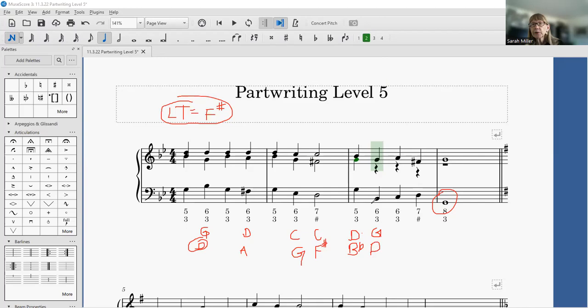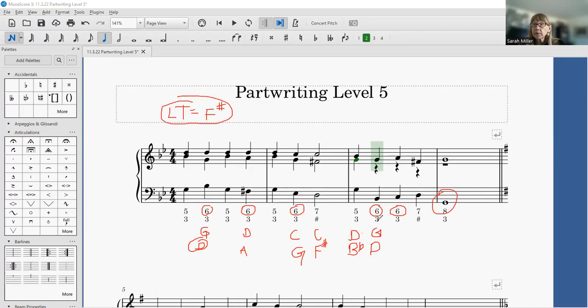Now remind your students that when it's in first inversion in this way, the root of the chord is the sixth above the bass. So here the root is all of these sixes as it is here. Okay. So that's the note they can't leave out.